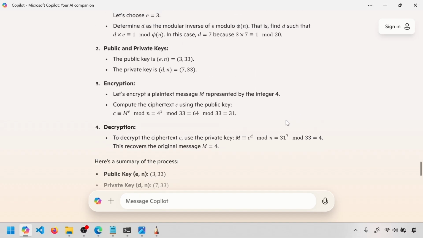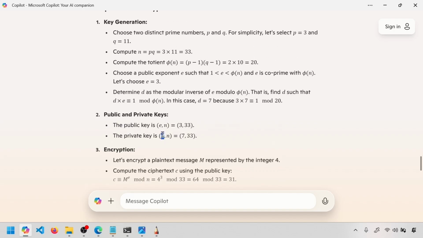Now, the big question is, what if the attacker can calculate d from all the other numbers? Let's think about that possibility. Because if d is known to the attacker or someone outside, the whole thing is a waste of time. It is hacked on day one. Now, we need to understand the possibility of finding out d, the calculation of d.